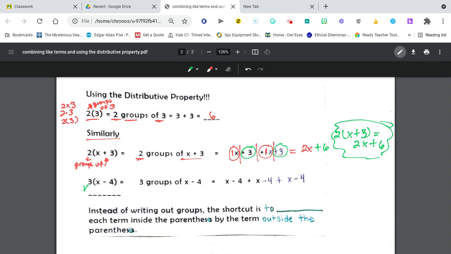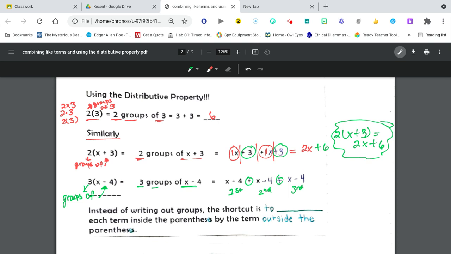Here you have 3 groups of this stuff, the stuff that's in parentheses, which is x minus 4. So I got 3 groups of x minus 4. So there's my first group of x minus 4 plus a second group of x minus 4 plus a third group of x minus 4. Okay, so that's my 3 groups of x minus 4. Write it out.